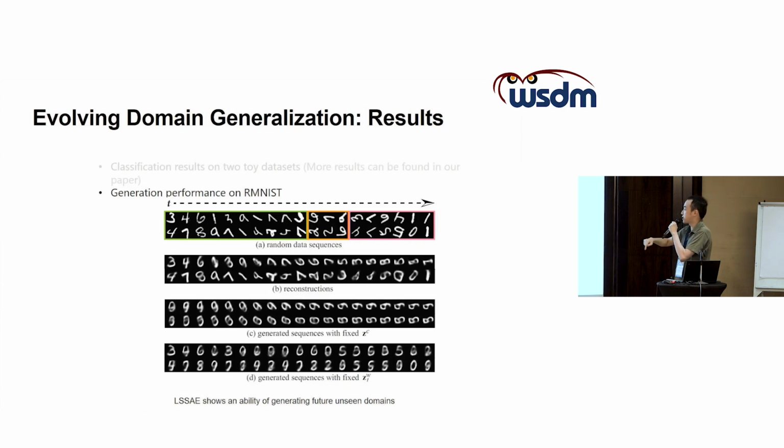By fixing this information, we can generate rotating images that all belong to a single digit. But by fixing the style information and varying the category information, the rotation degree is fixed but the category varies. So we can also do disentanglement like that.